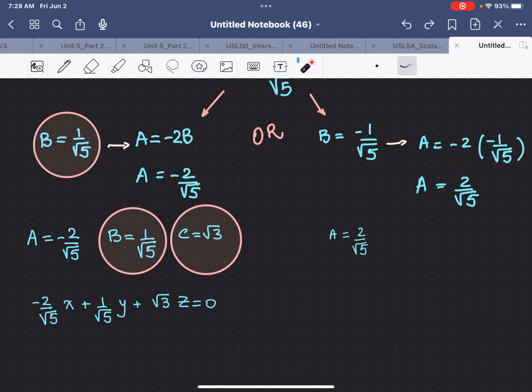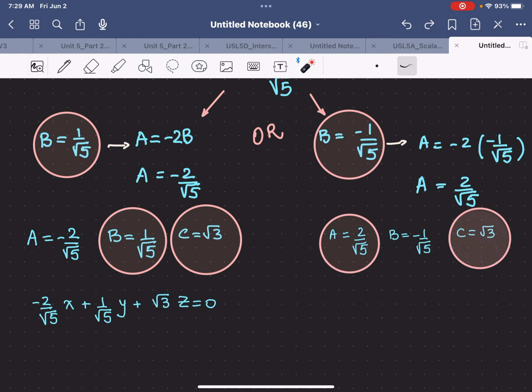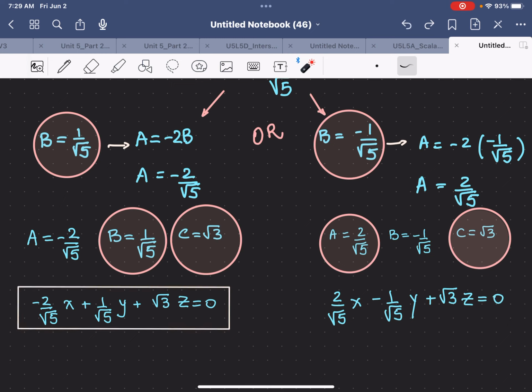With this, we have disclosed all three coefficients: a is 2 over root 5, b is negative 1 over root 5, and c equals the square root of 3. So another form of the equation of plane pi 2 would be 2 over root 5 x plus negative 1 over root 5 y plus root 3 z equals 0. These are the two equations that we obtain for plane pi 2.